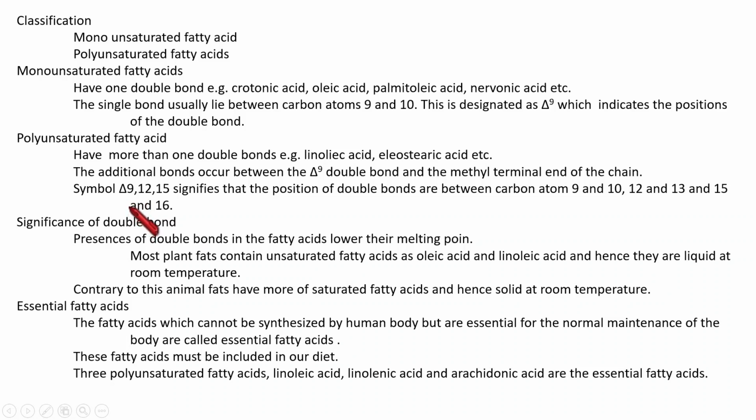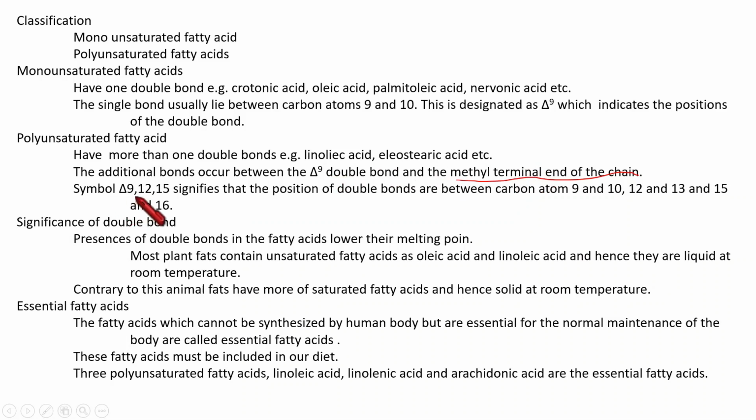The additional bond will occur between that delta 9 double bond and the methyl terminal end of the hydrocarbon chain. We have learned that in the hydrocarbon chain, at one end the carboxyl group is there, and at the other end is the methyl group. So the additional double bond will be present between the delta 9 double bond and the terminal methyl group.